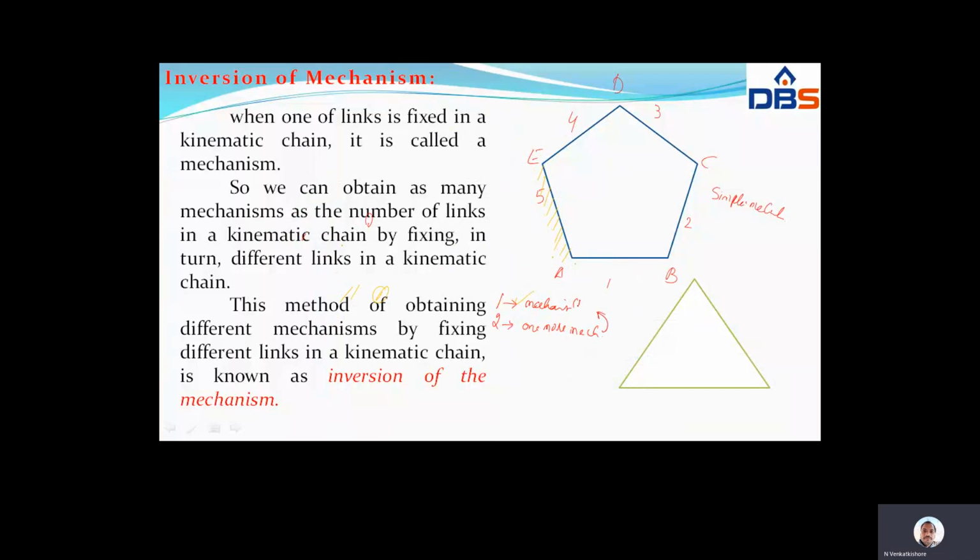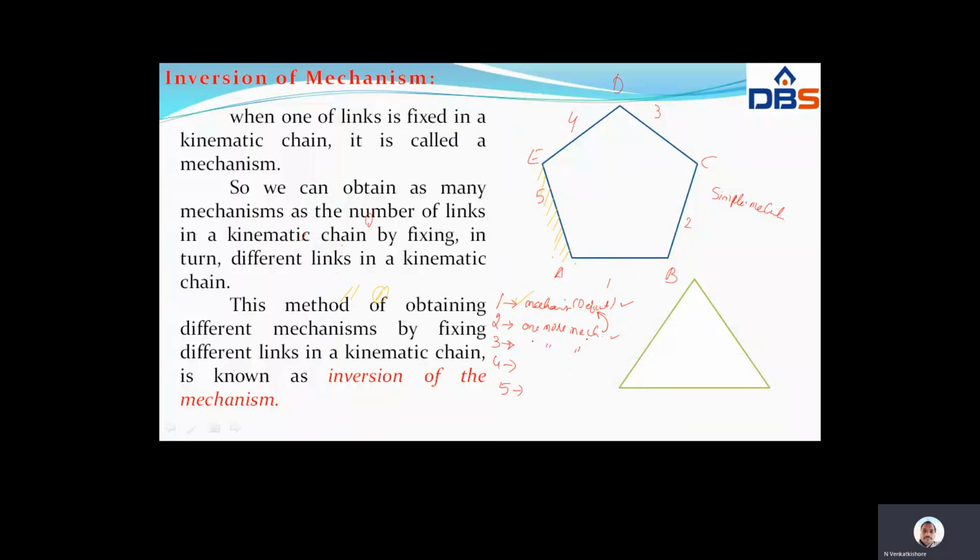Let us consider this is the default mechanism. If you change the fixed link from 1 to 2, it will form one more mechanism which is different from the default mechanism. And if you fix 3, we will receive some other mechanism, and 4 and 5.